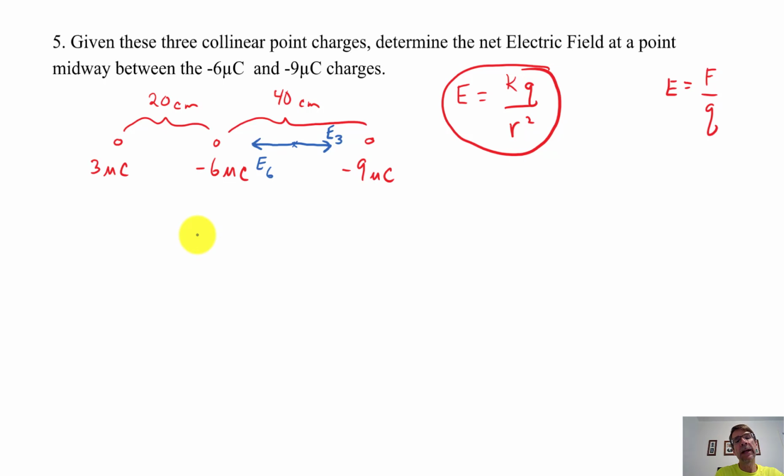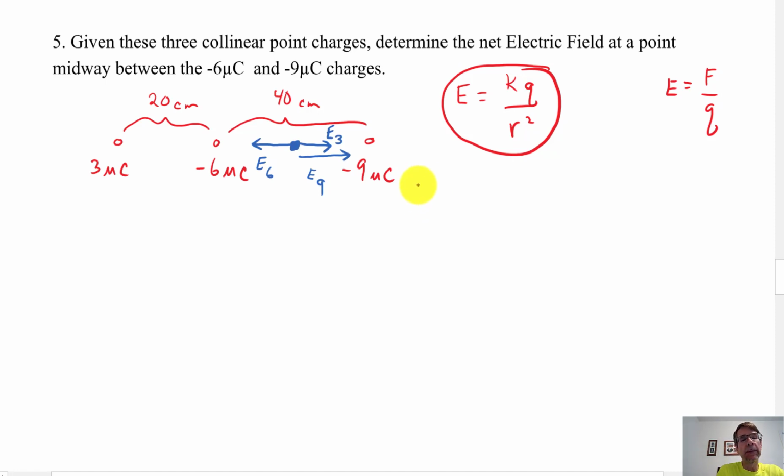And then for the 9 microcoulomb charge, once again, I'll highlight the spot, the dot instead of an X. There's also a field towards that one, which is going to be strong as well, E sub 9, because you're close. So there's 2 fields that are towards the right and one that's towards the left. So I'm going to be adding 3 plus 9 and subtracting 6. It's just a matter of doing those 3 computations and then combining those numbers like we just said.